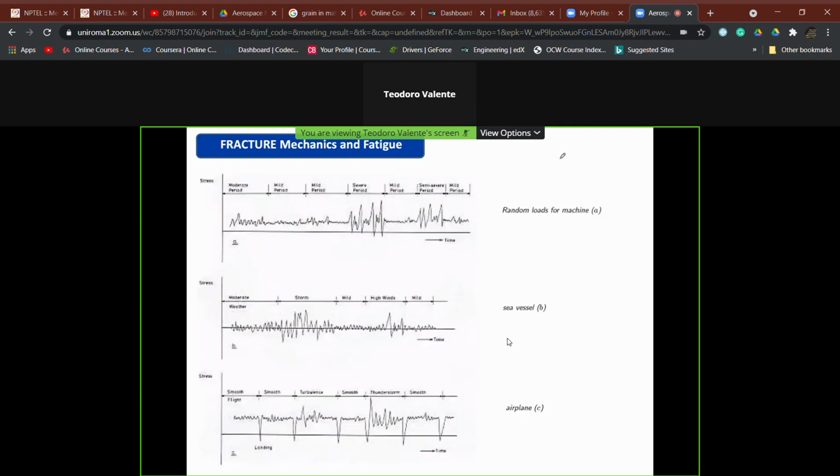And here are some examples of measured frequencies and random cycles applied to a machine, to a sea vessel, to an airplane.